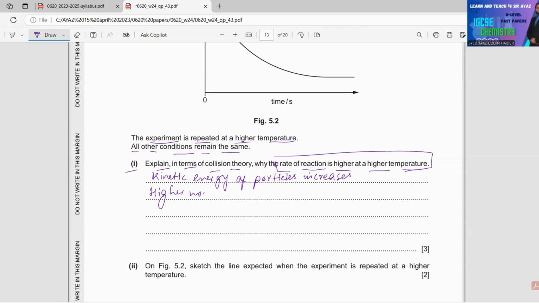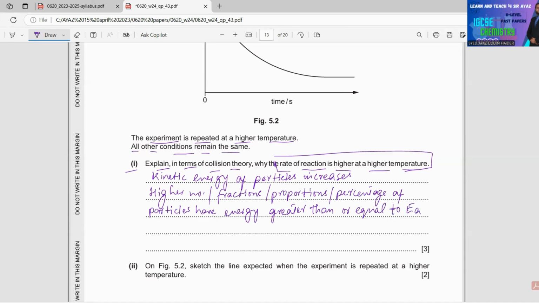You can even write fractions, you can even write proportions, or you can even write percentage of particles have energy greater than or equal to activation energy.